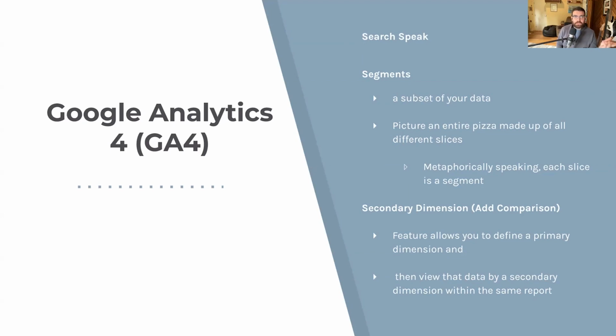That way we can see, oh, okay, most of the people that are coming to our site initially are on mobile, so we need to make sure that we're fully optimized for that. You get a subsegment of it. In Google Analytics 4, you'll see it called Add Comparison. That's the button that will activate that. It's definitely one for when you get way more granular, but when you're first starting out, you won't need to worry about this right away. It's just one to keep in mind that maybe you want to pull out an extra bit of information.